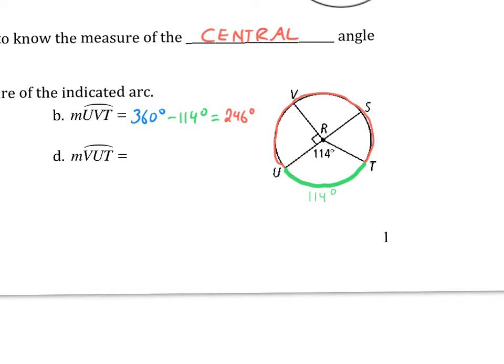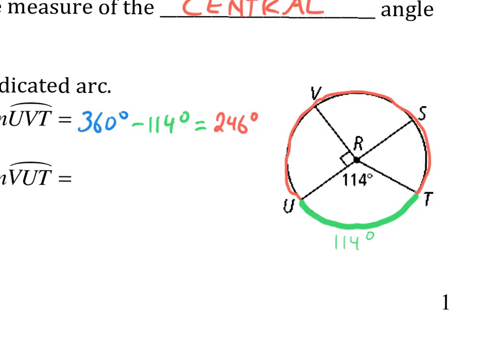So now that brings us to this part here. What's the measure of VUT? VUT. Whoa, how big is that right there? Because of the right angle, we know that this right here is 90 degrees, so is the measure of the arc. And so, just like in the olden days, when we took a segment and we had another segment next to it in a straight line like that, then the measure of the whole thing was the sum.